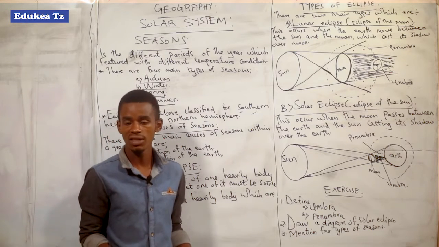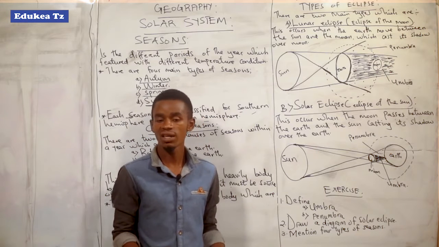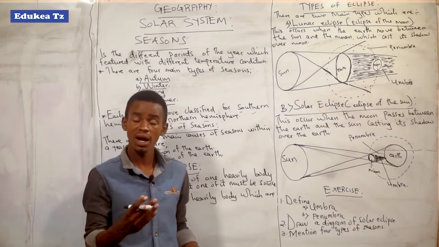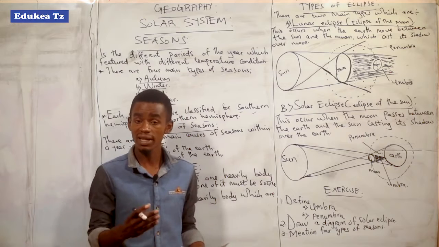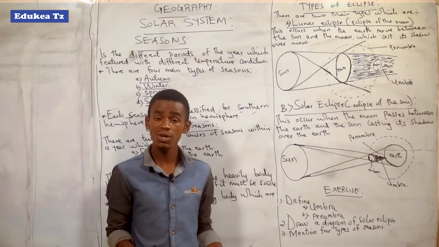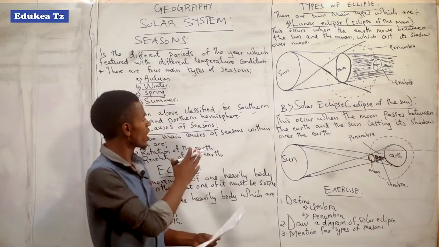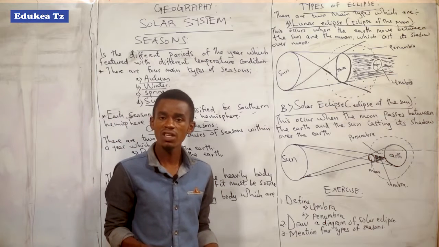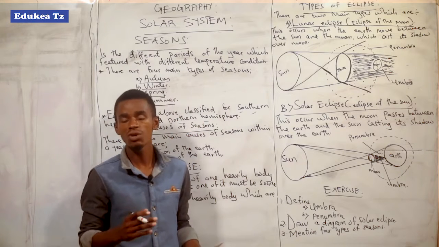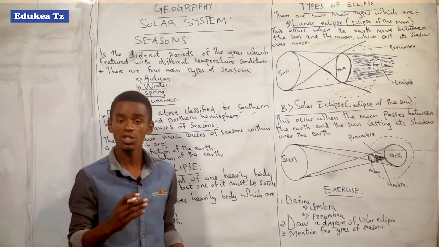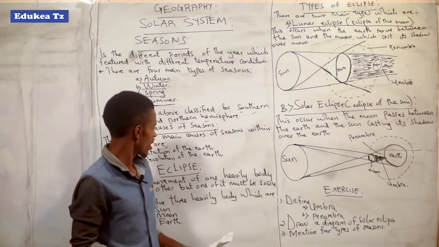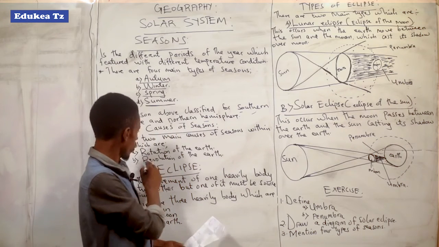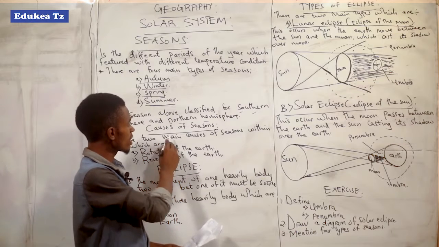Climate can be changed by human beings, like when we cultivate, different activities like agriculture can cause the climate of a certain area to change. But the change of the season of the year is mostly caused by natural things.